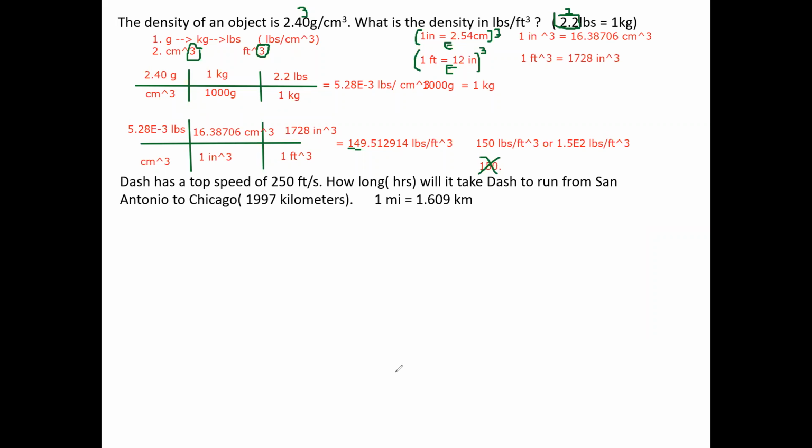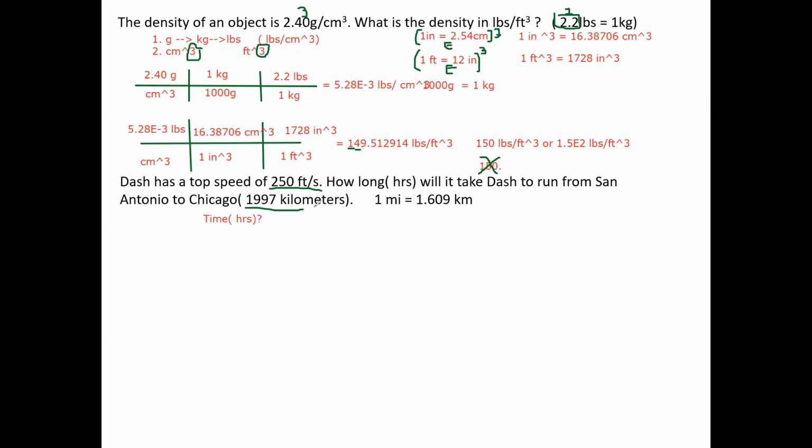So what we're looking for in this problem is the time in hours it takes Dash to go from San Antonio to Chicago. What we're given is Dash's speed, which is 250 feet per second.